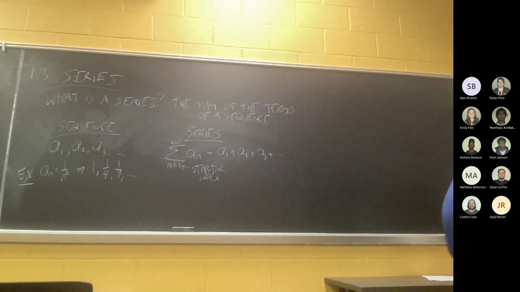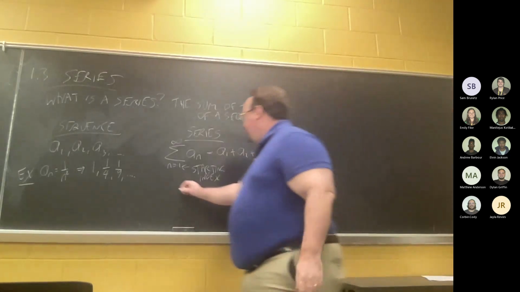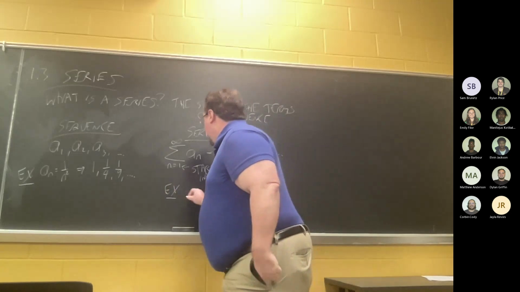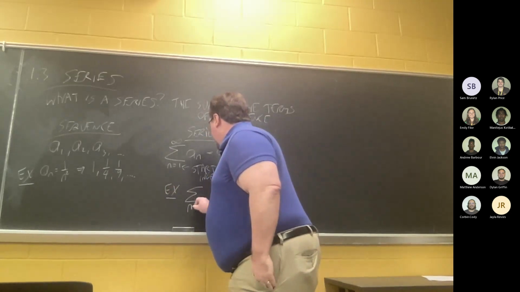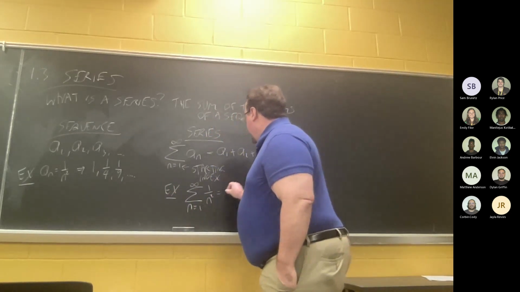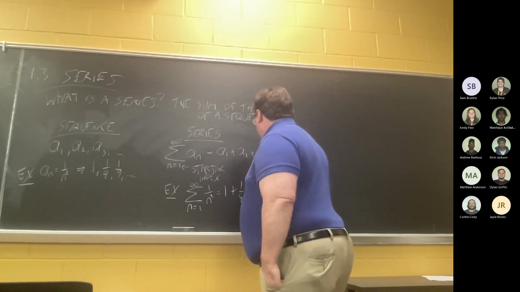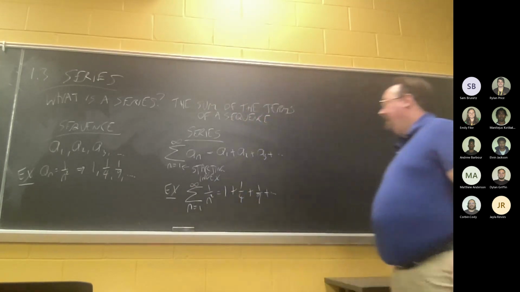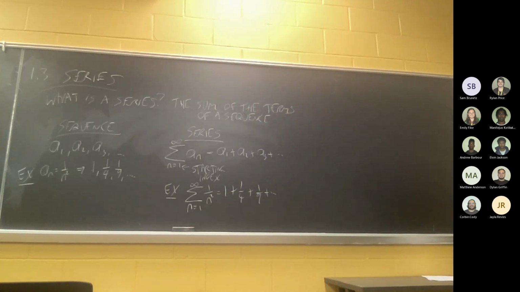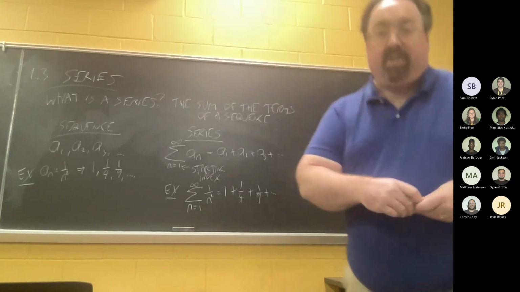Since we all understand what that means. So to go with this example, I have a sum from 1 to infinity of 1 over n squared. That would be 1 plus 1/4 plus 1/9, and so on. Okay. So sequence, we just have a list of numbers.